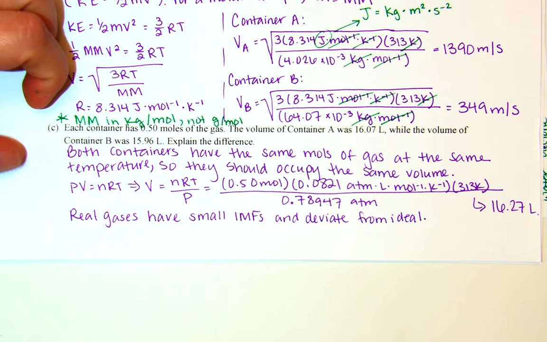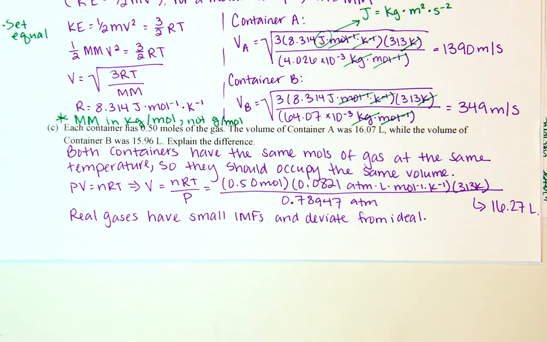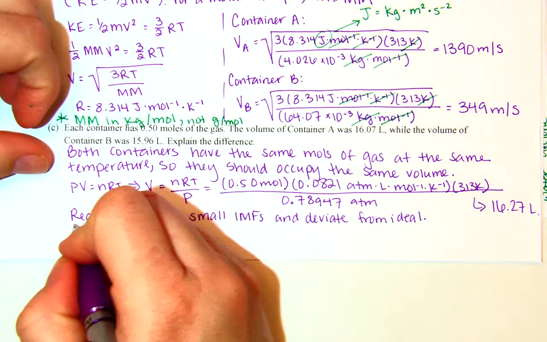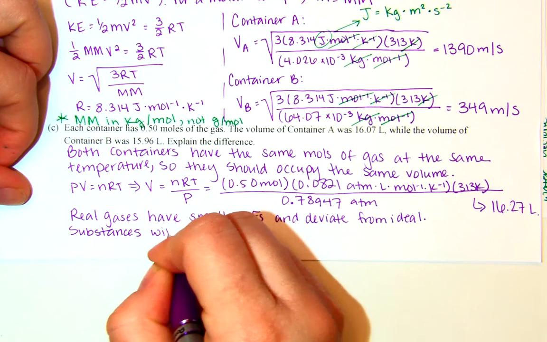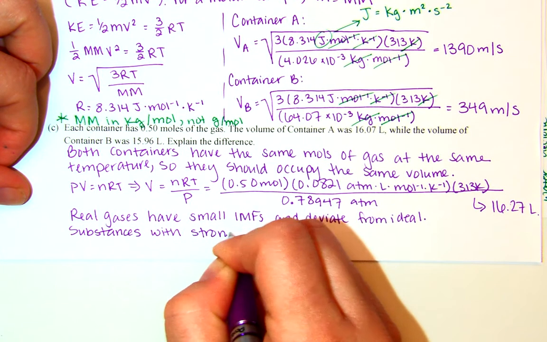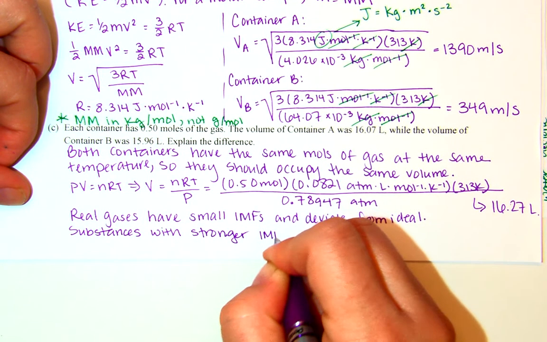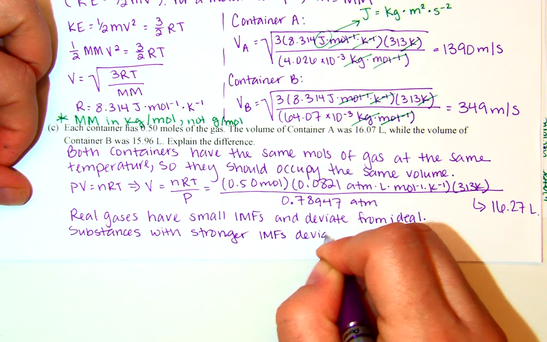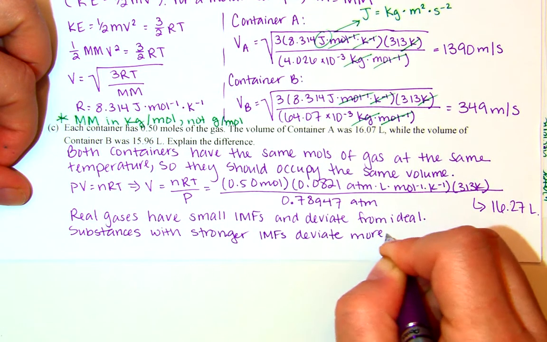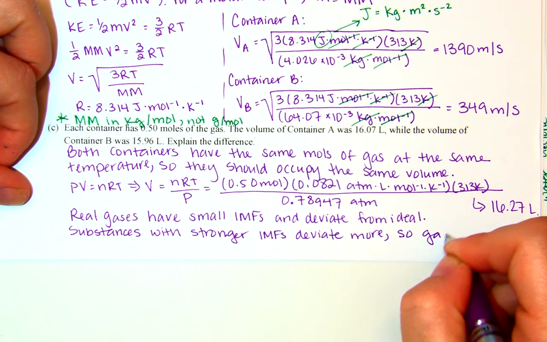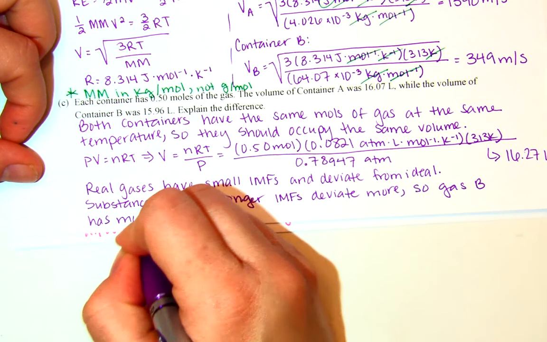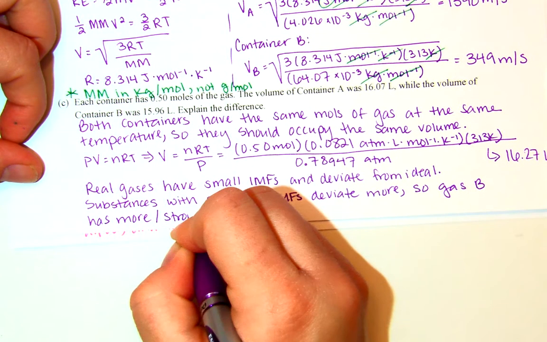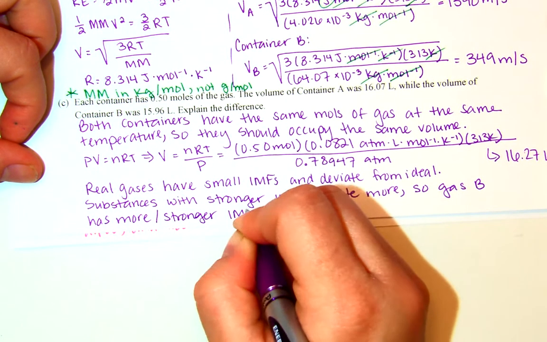Substances with stronger intermolecular forces deviate more. So gas B has more, stronger intermolecular forces.